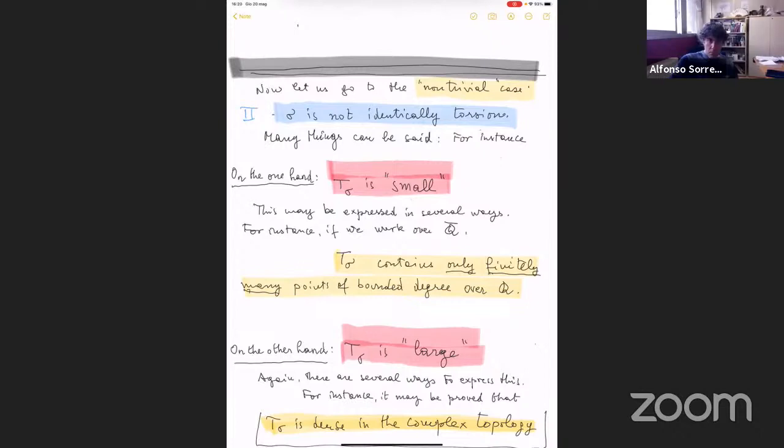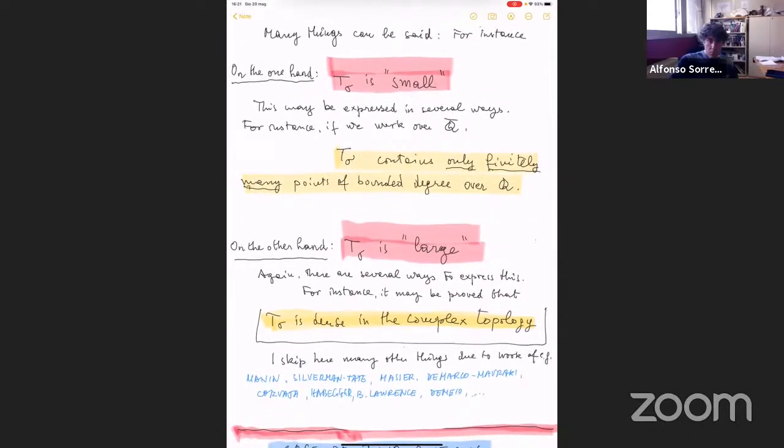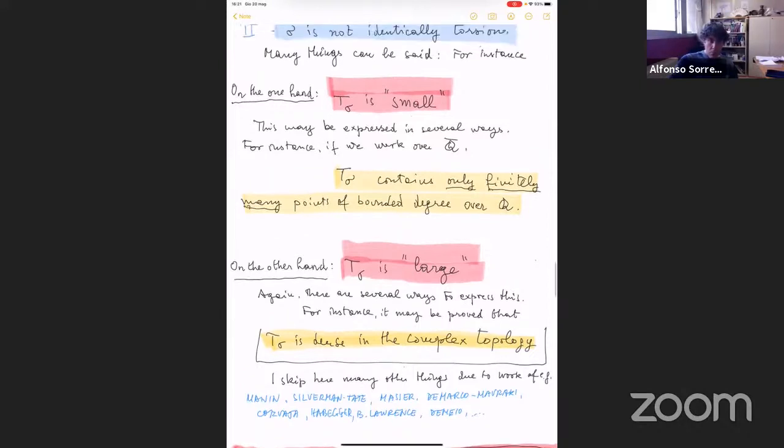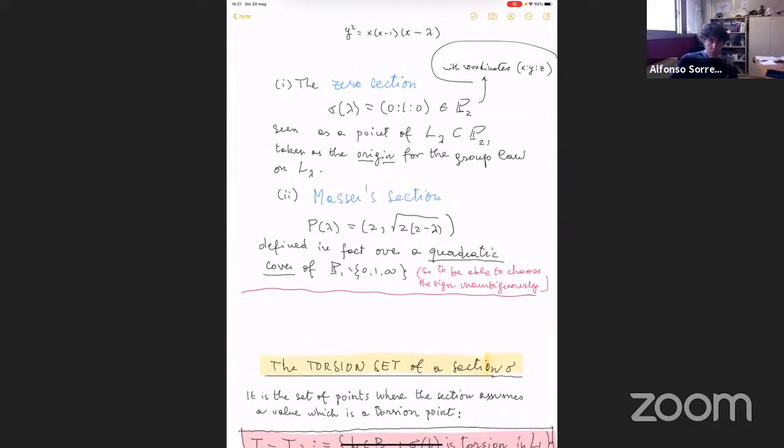On the one hand, it may be proved that this set is in a certain sense small. What does small mean? In this case, it may be proved that if we work over the algebraic numbers, as in the case of the Masser section, the torsion set contains only finitely many points of bounded degree over Q.